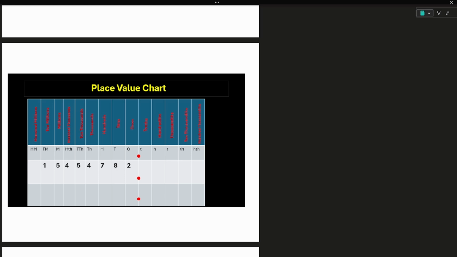So in the number 15,454,782, the digit in the 10 million place is 1. And this is the digit we'll be rounding up or down depending on the digit on the right, which is the digit in the million place, and that is the number 5.